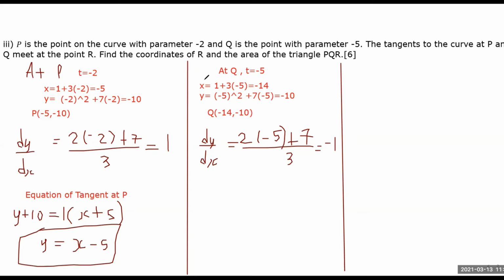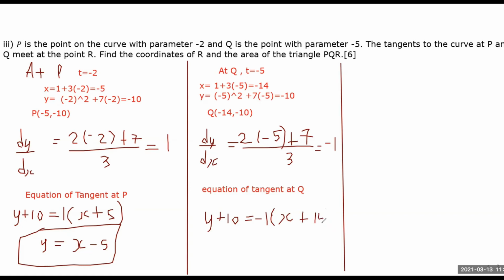So the equation of the tangent at Q is given by y minus the y value, so y minus minus 10, which becomes y plus 10, and that's equal to the gradient of negative 1 times x minus your x value at Q, which is x plus 14.